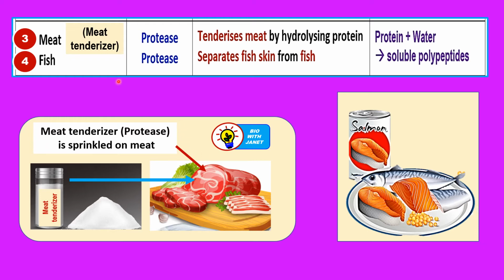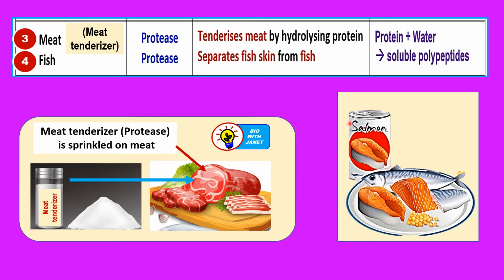Now, fish. In the preparation of fish, for example, canned salmon. Salmon has a thick and tough skin that encloses the meat.